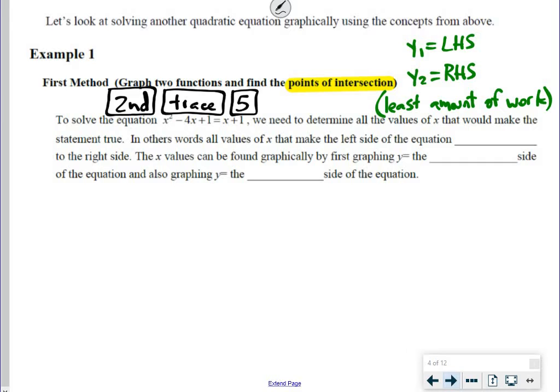In other words, all the values of x that make the left side of the equation equal to the right side. The x values can be found graphically by first graphing y equals the left side of the equation, and also graphing y equals the right side of the equation.